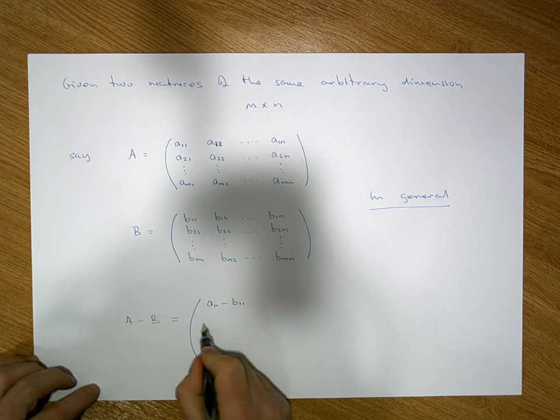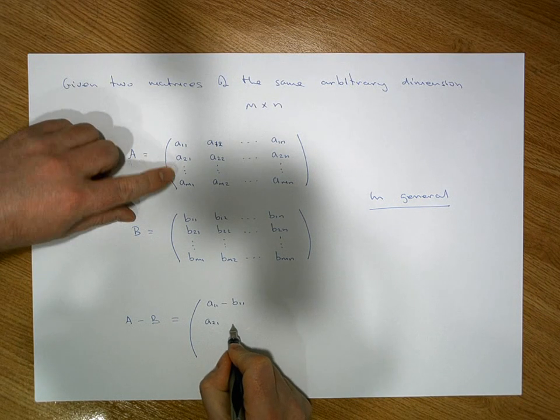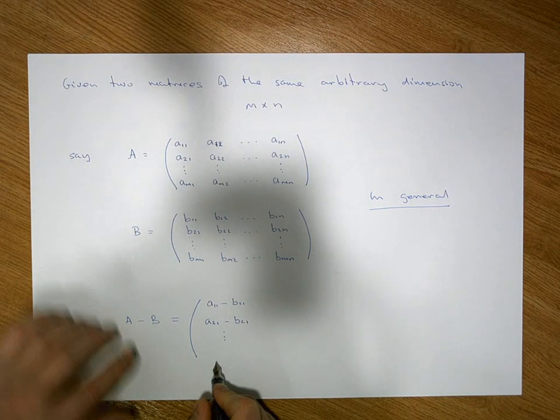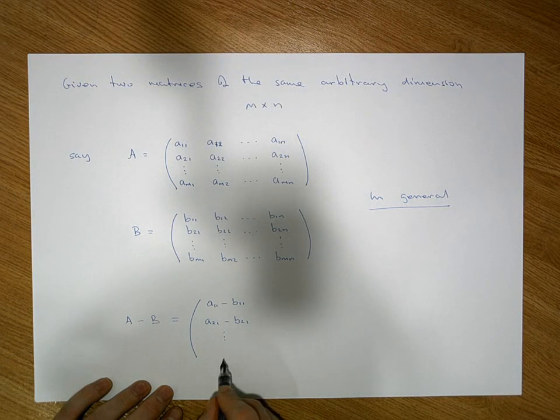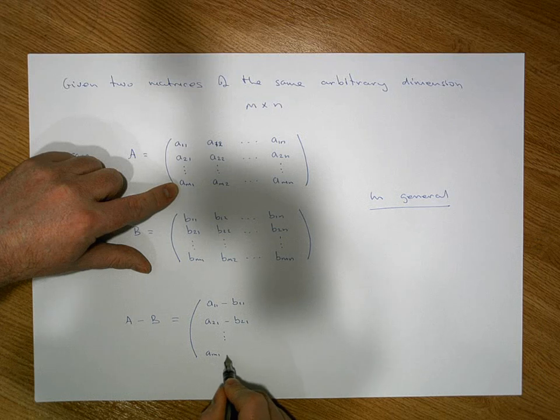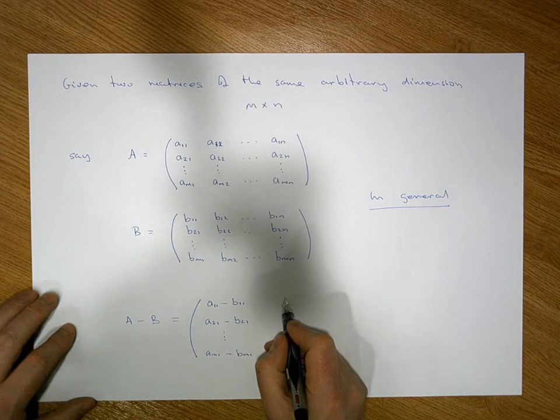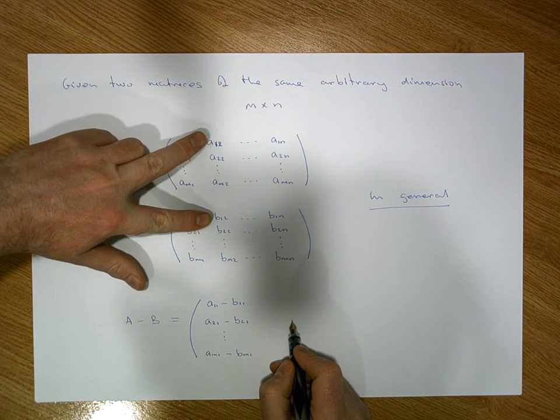The next entry, in the second row, first column, is going to be A21 minus B21, and so on and so forth. The entry on the mth row, first column, is going to be AM1 minus BM1.